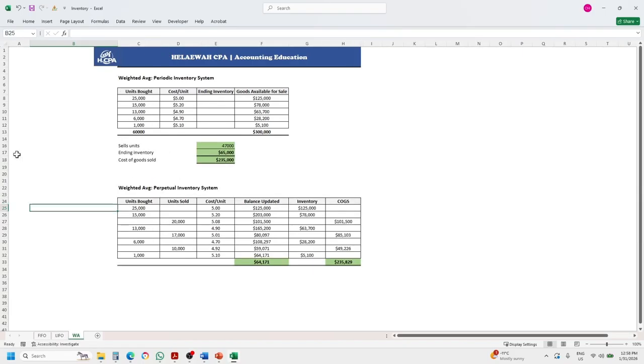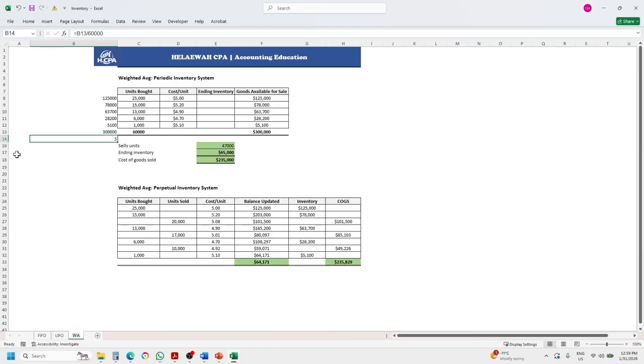In the weighted average, periodic inventory system, we have 60,000, we count at the end, we have 13,000 left, so we know we sell 47,000. How do we know the cost of the unit we sell? Whatever total amounts we have, we calculate together, add them, and divide by the quantity we have, which is 16,000.